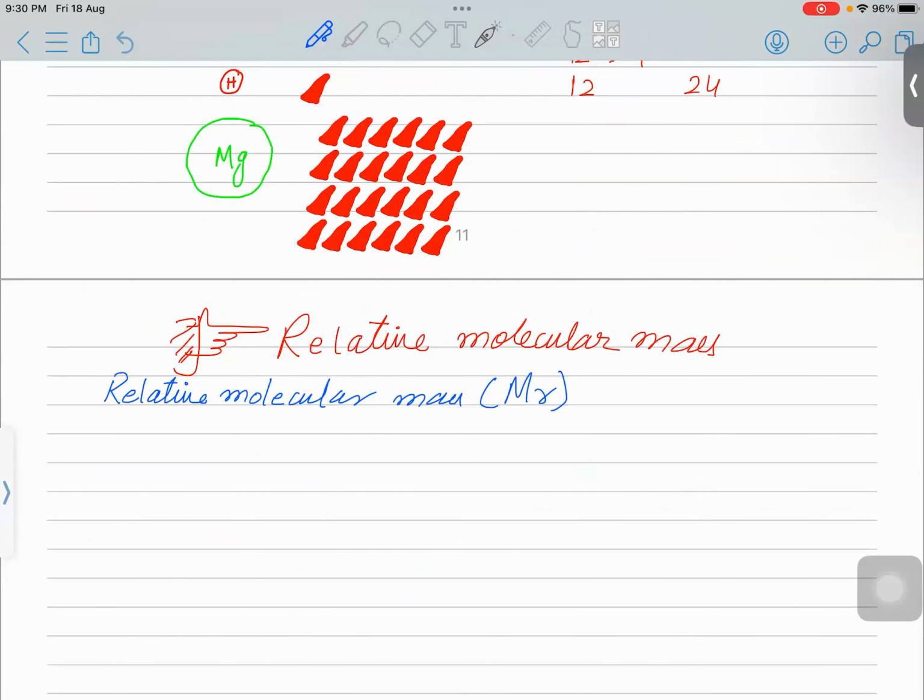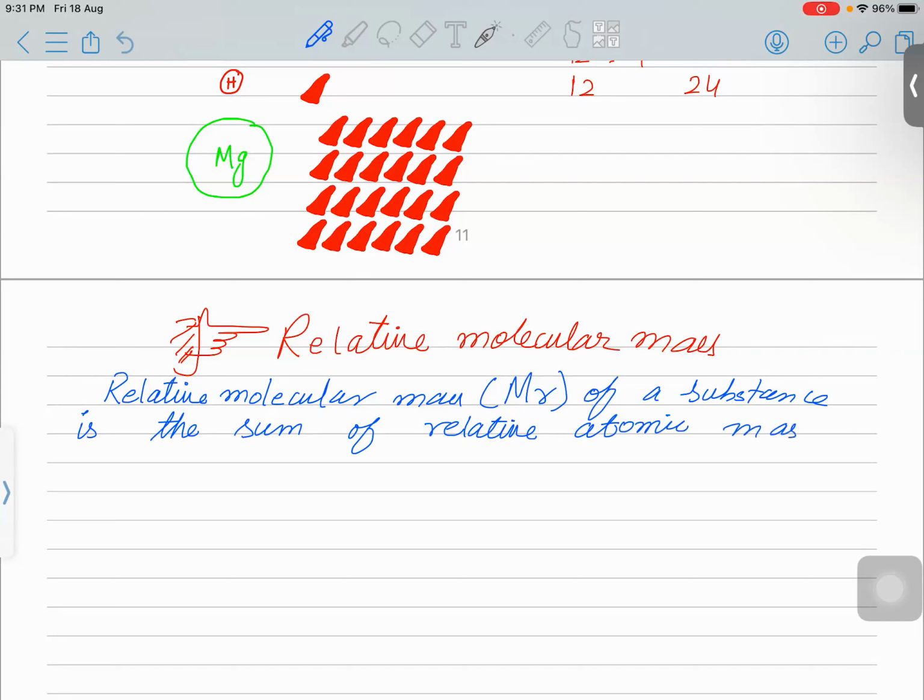MR means relative molecular mass of a substance is the sum of relative atomic mass of every element in that substance.